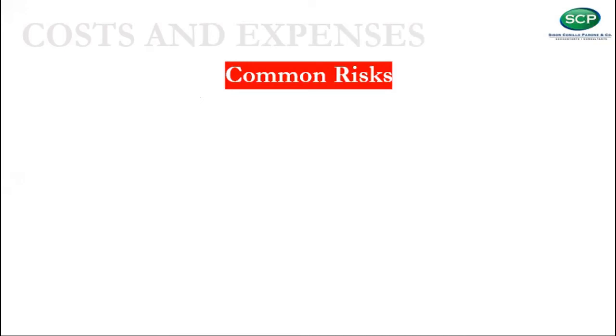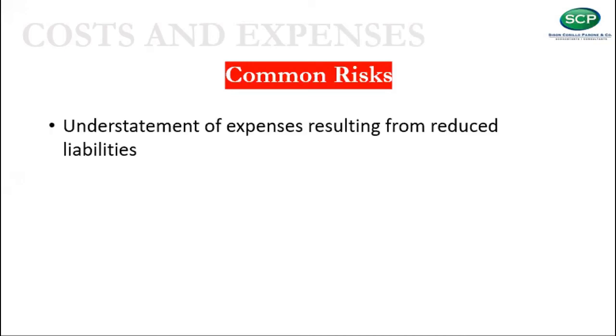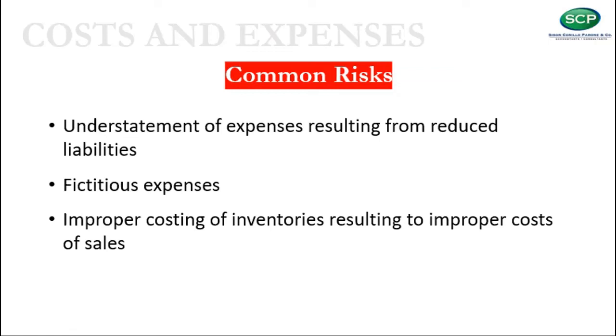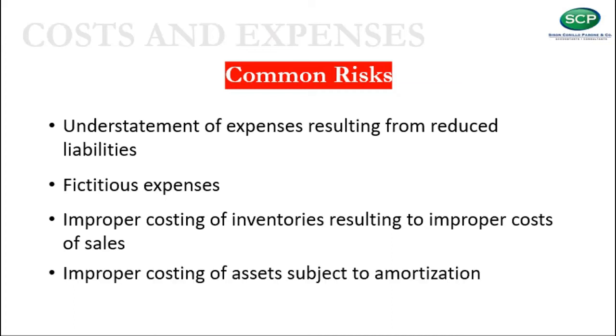The first common risk is the intentional understatement of expenses resulting from reduced liabilities. Another is fictitious expenses. Another risk is improper costing of inventories, resulting in improper cost of sales. And finally, improper costing of assets subject to amortization.